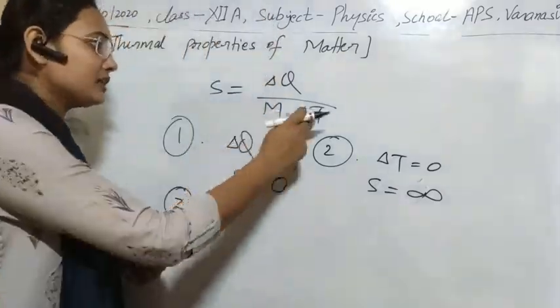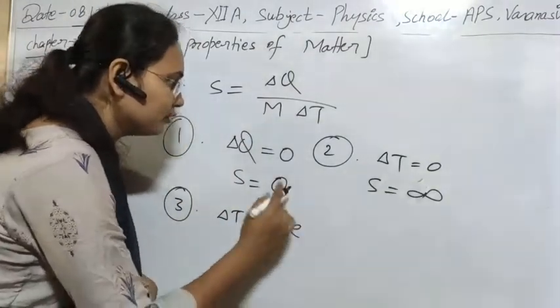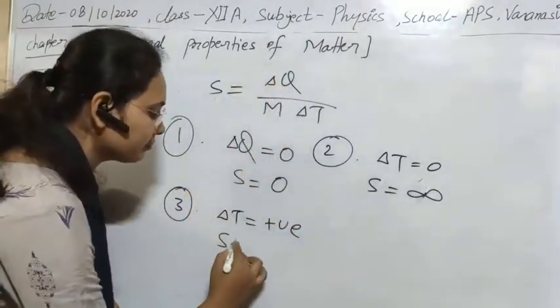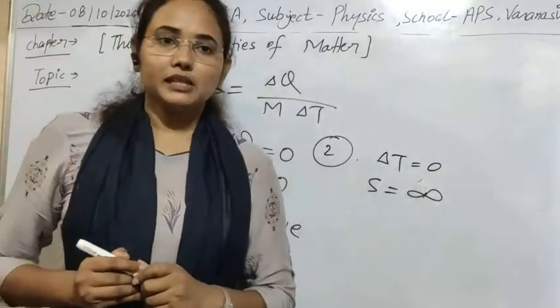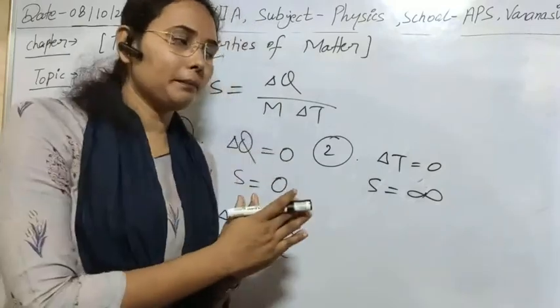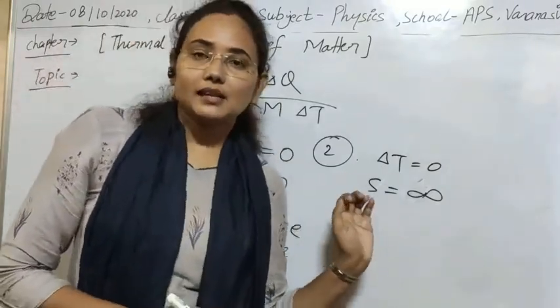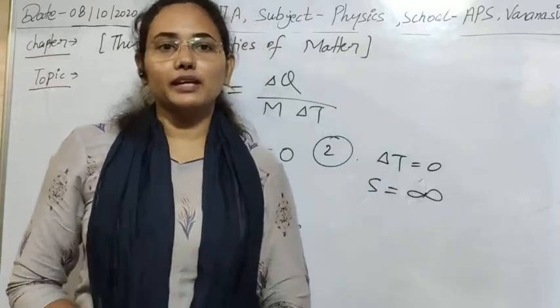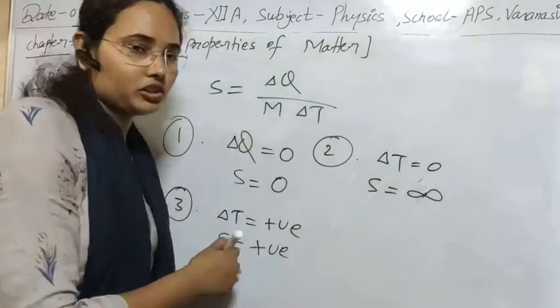So obviously the value of delta T will be some positive value, and if it is positive, then simply the specific heat will be positive. Clear? It means if the rate of expansion is slow, most of the heat is used to raise the temperature of the gas, and the molar specific heat becomes positive.